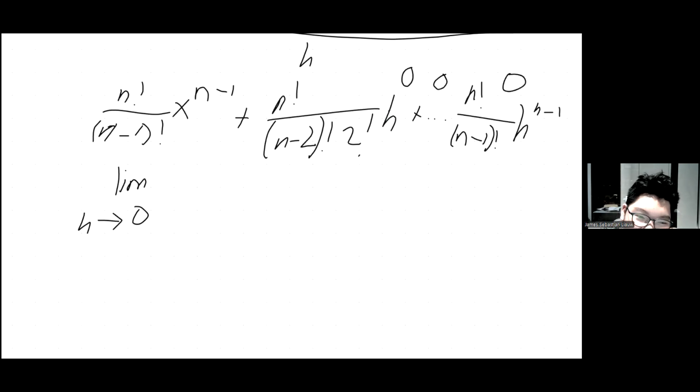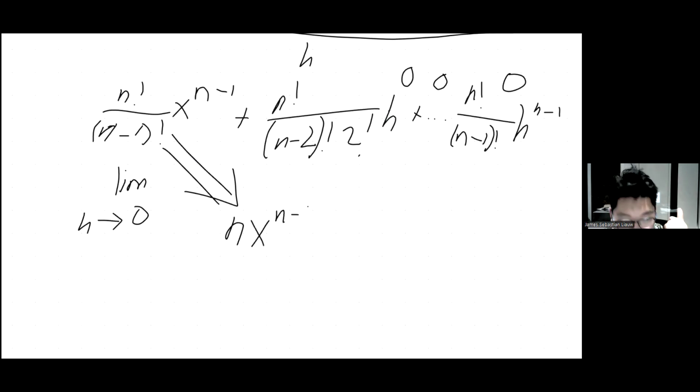This is the only term that you need to think about. n factorial over n minus 1 factorial, that's n, times x power n minus 1, which means that LHS equals RHS. And we've proved it.